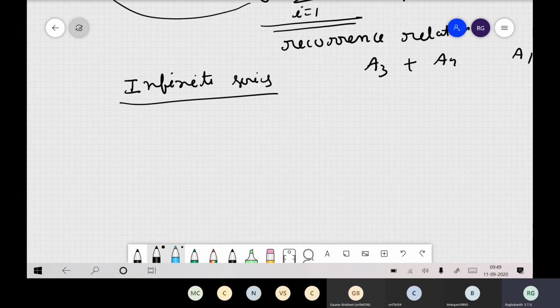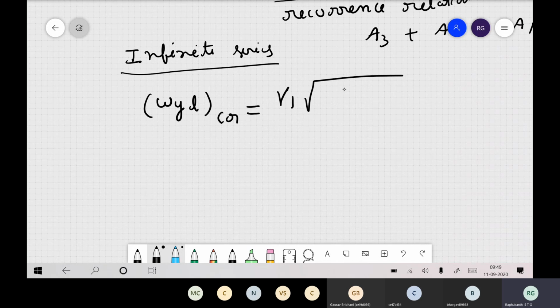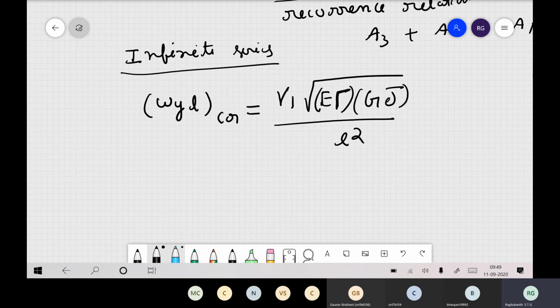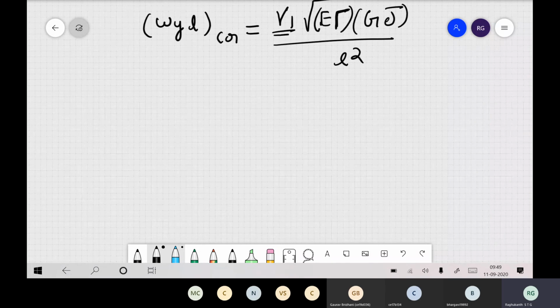I think in the Timoshenko textbook, he has already solved this. So he gives the solution like this: the critical buckling load is very easy, gamma 1 times the square root of the warping rigidity multiplied by GJ, divided by L squared, where gamma 1 he calls a coefficient.